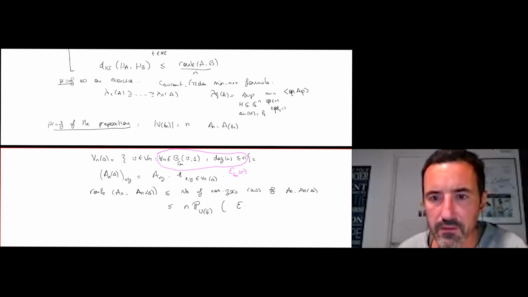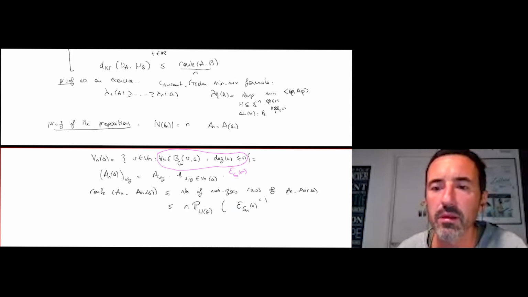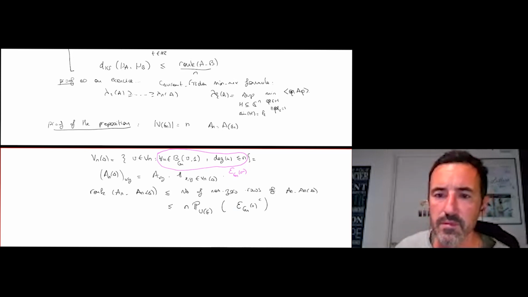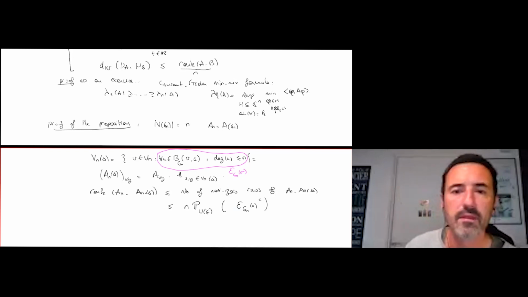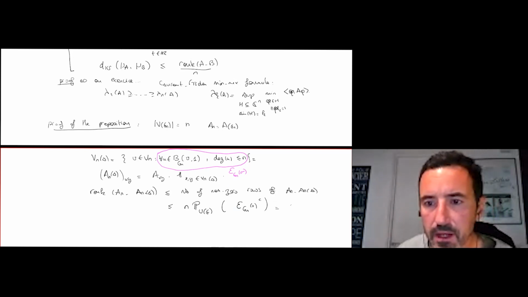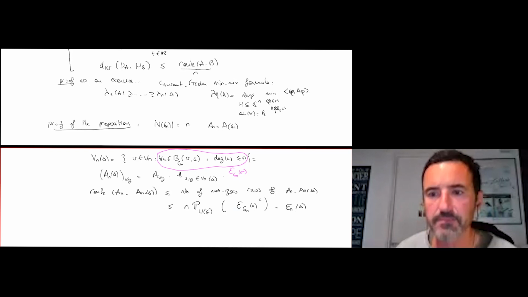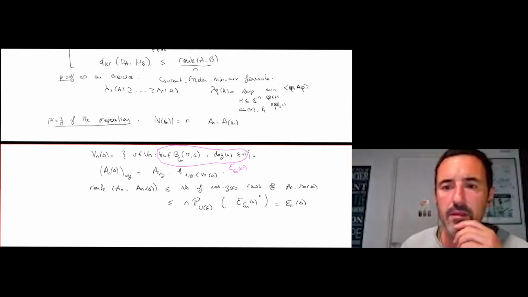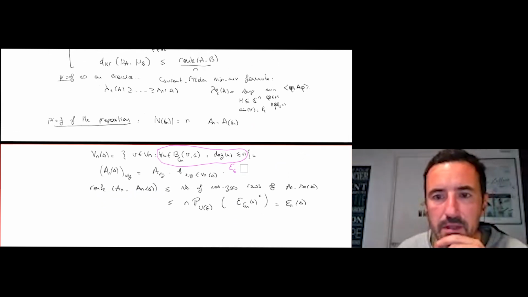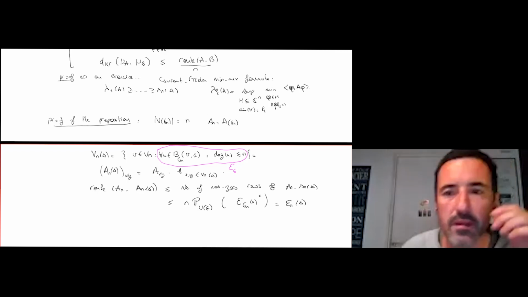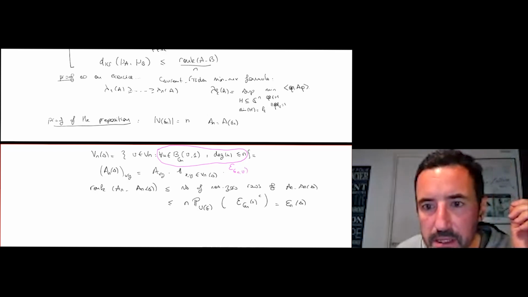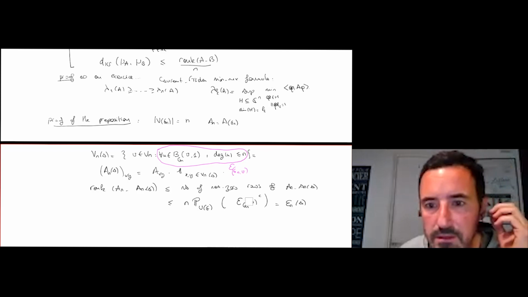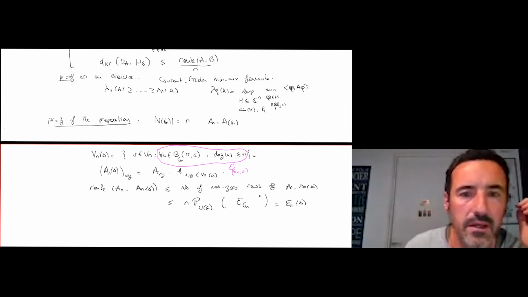The probability that E of Gn of O holds, and the complementary of that, is what we call epsilon n of delta. I will write it very explicitly as a rooted graph event.